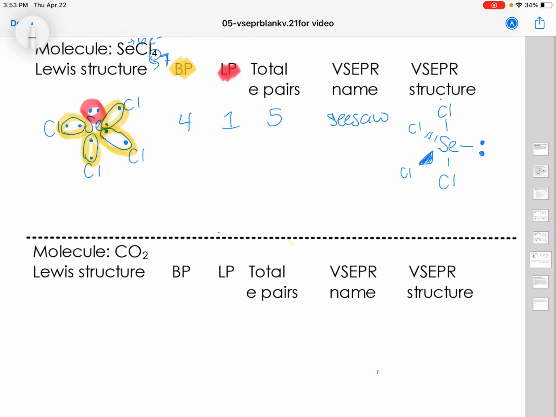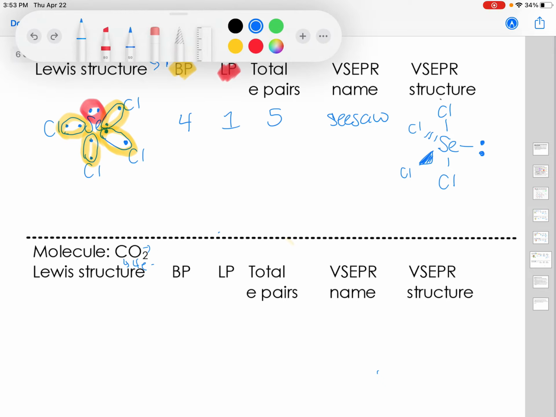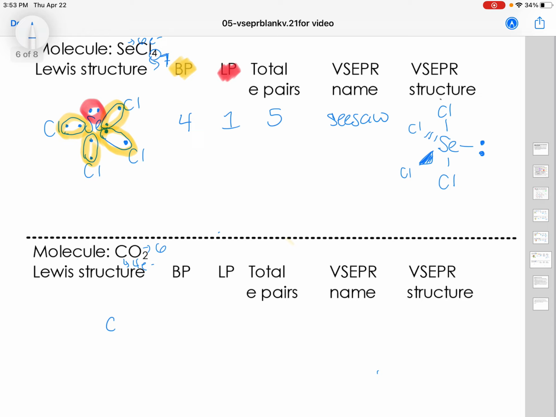Same thing with carbon dioxide. Now, carbon dioxide is one that we would have done in grade 11, but it does have double bonds, so it is not an easy one necessarily. Carbon has 4 valence electrons, oxygen has 6. So carbon in the middle.